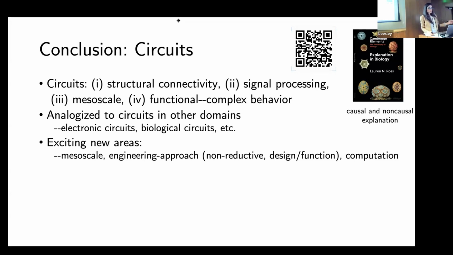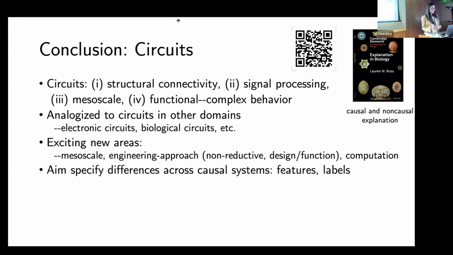More focus on this mesoscale character of causal systems, an engineering approach, a focus on systems that are non-reductive, that have design elements, function elements that involve computation. Very much a focus on specifying differences across types of causal systems, what their features are, labels that we can use to precisely specify those different features.